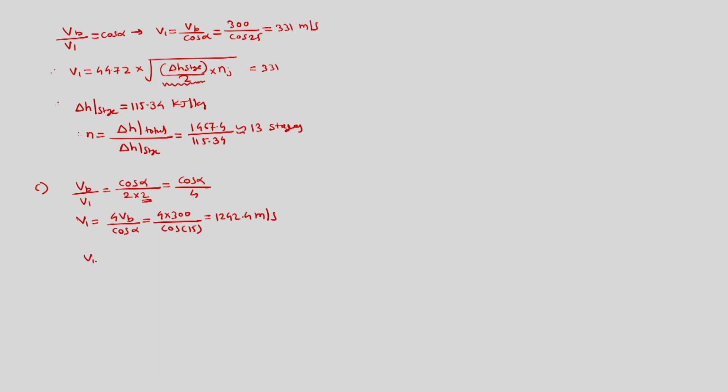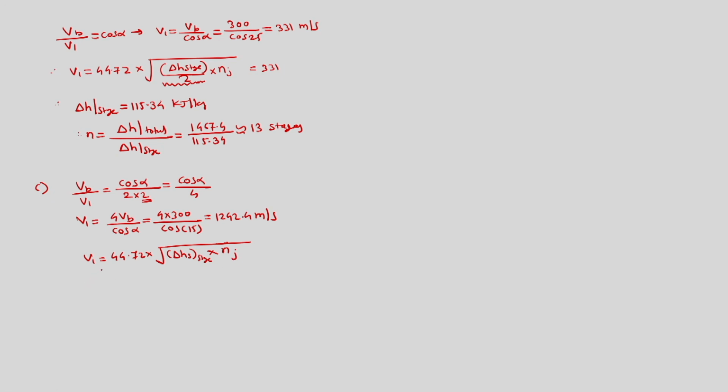So we have V1 equal to 44.72 into the square root of delta H stage into the nozzle efficiency, which is Nj.